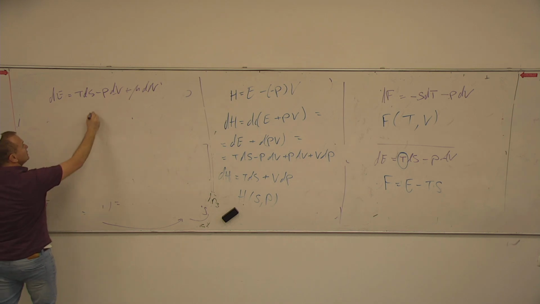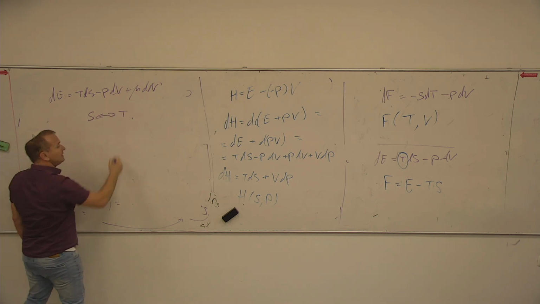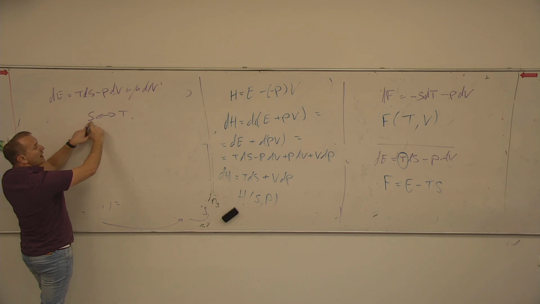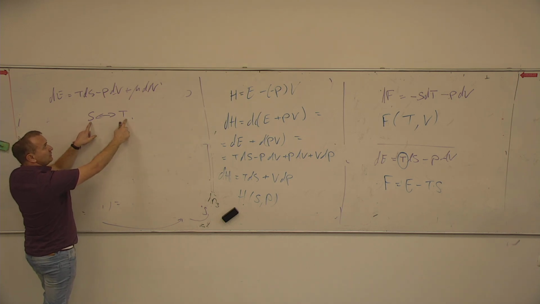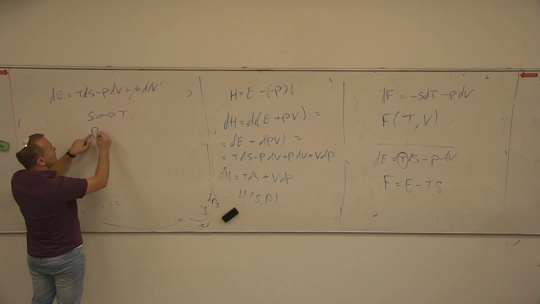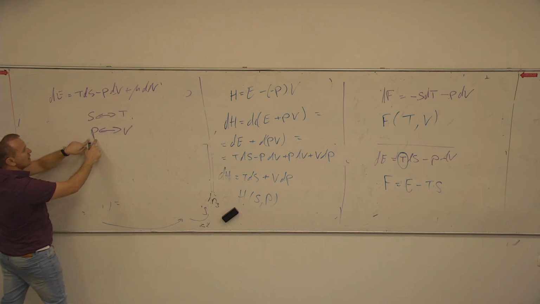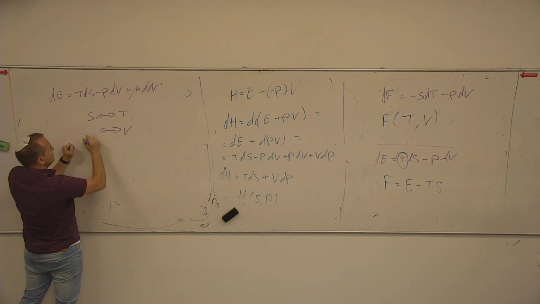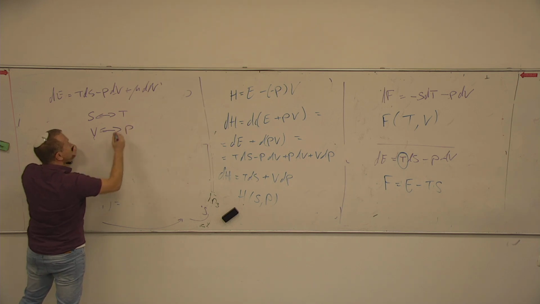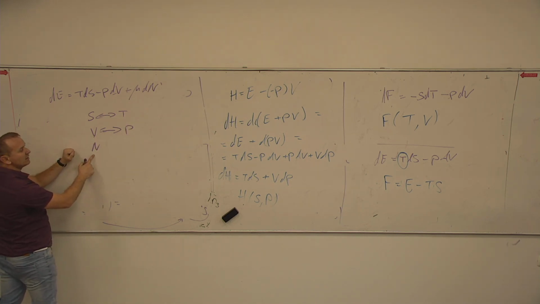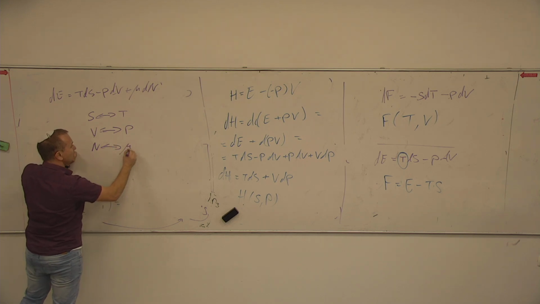So for S and T, you can describe a function in terms of either S or T. You can go from V to P, so let's do V, P over here. You can go from N, the number of particles that you have inside your system, to mu.